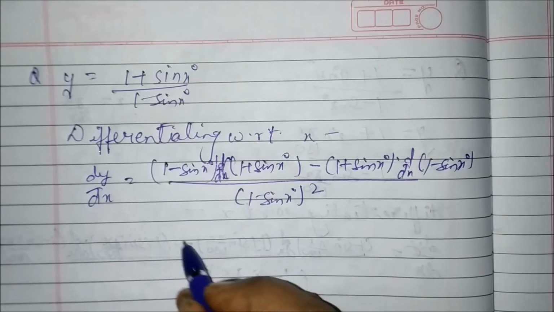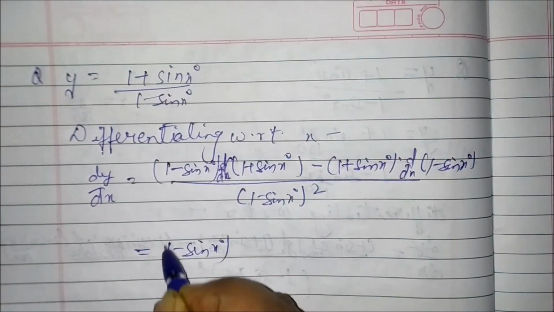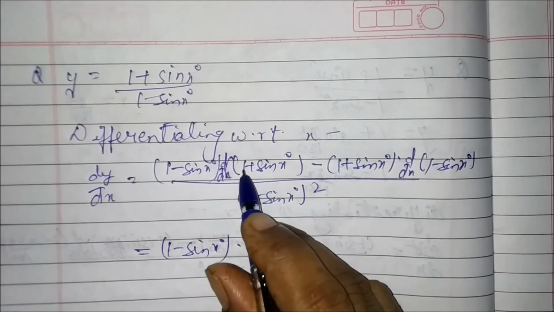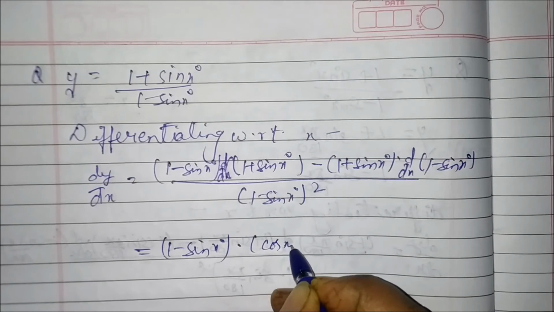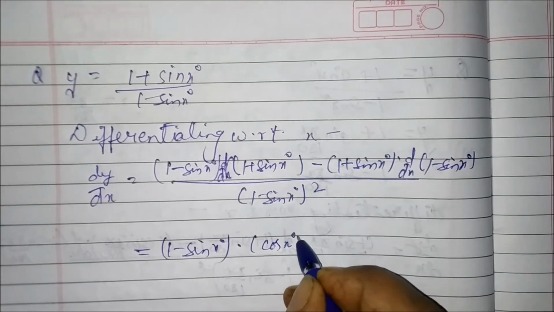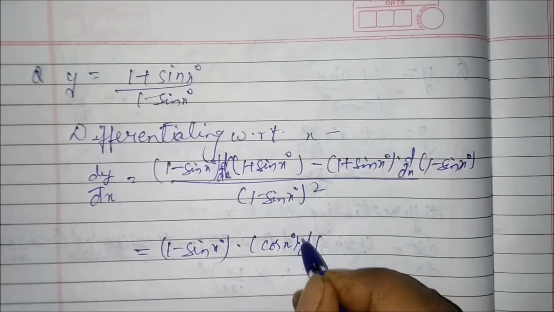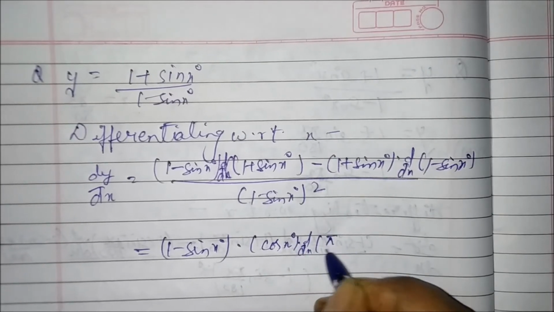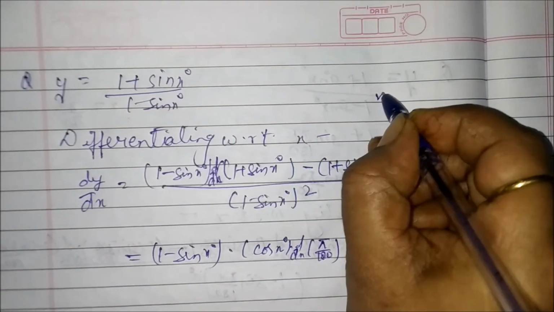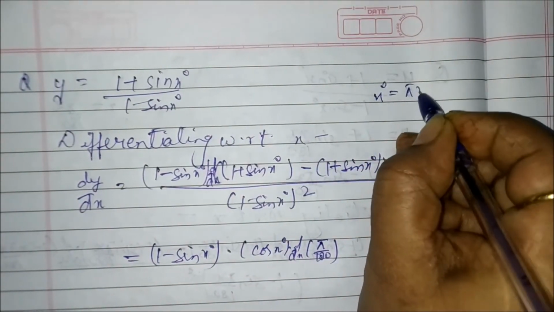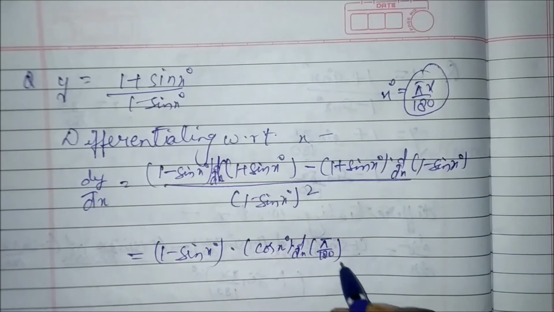Okay, now (1 minus sine x degree) into d by dx of 1 is 0 and the derivative of sine x is cos x degree into d by dx of x degree. x degree is written as pi x by 180, so the derivative of this term is pi by 180.